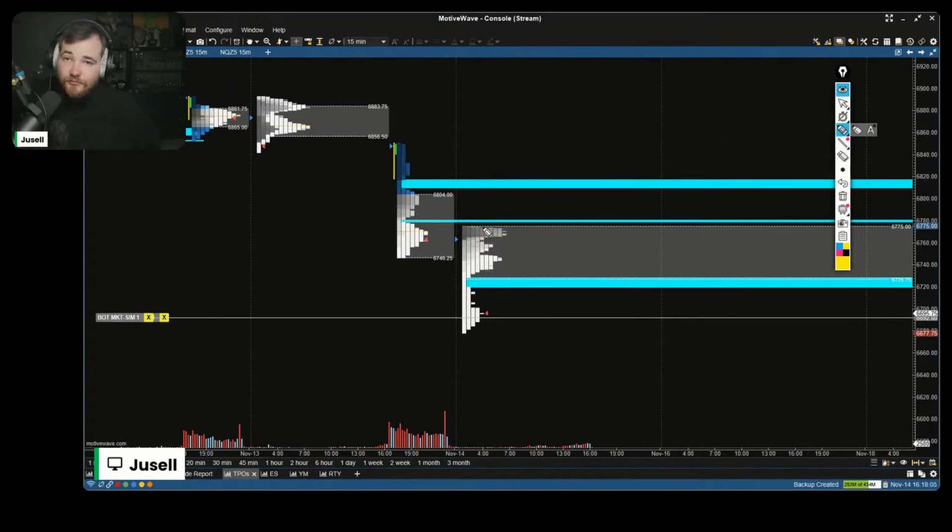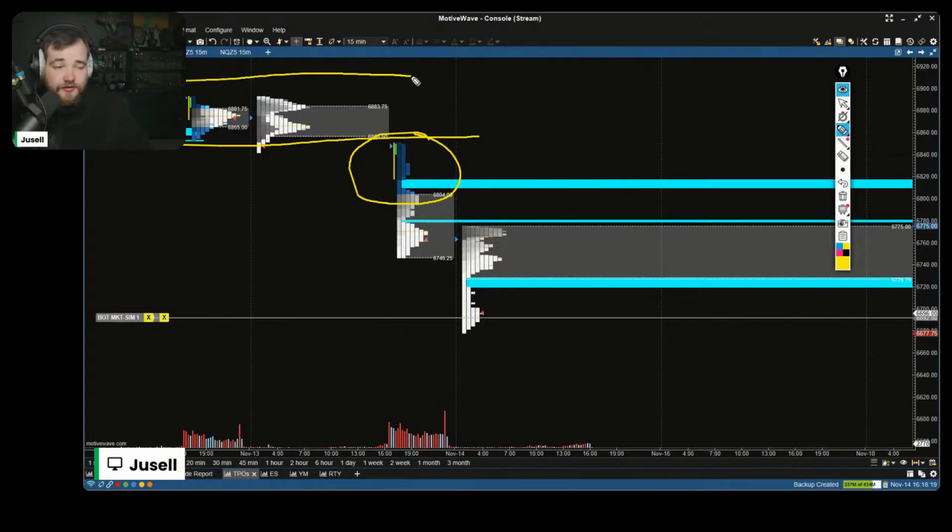All right. So let's look at the prep here. So we are gapping down, as you can see. Yesterday's session, we rejected these higher prices. We had some balance here. People were accepting these prices for a long time, as you can see.